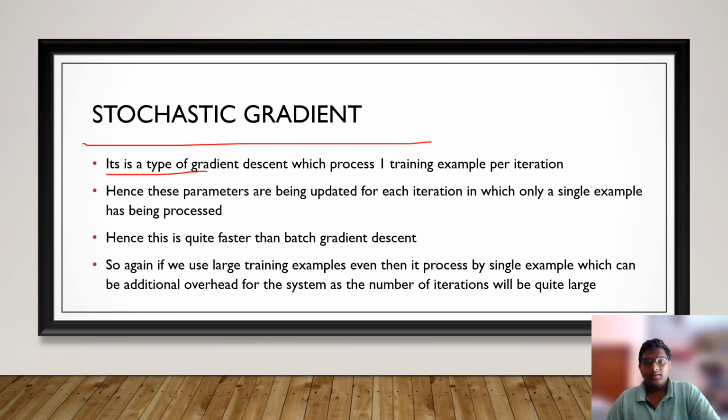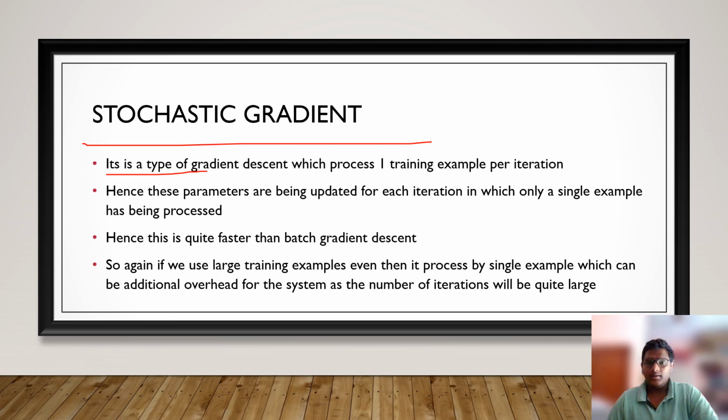As we discussed, batch gradient descent becomes very computational, so this is quite faster than batch gradient descent. But again, if we use a large training set, even though stochastic gradient descent processes a single example at a time, it can be an additional overhead for systems as the number of iterations will be quite large.